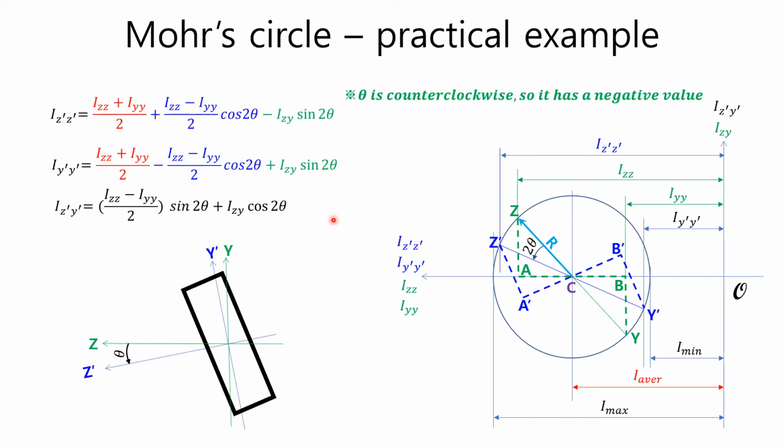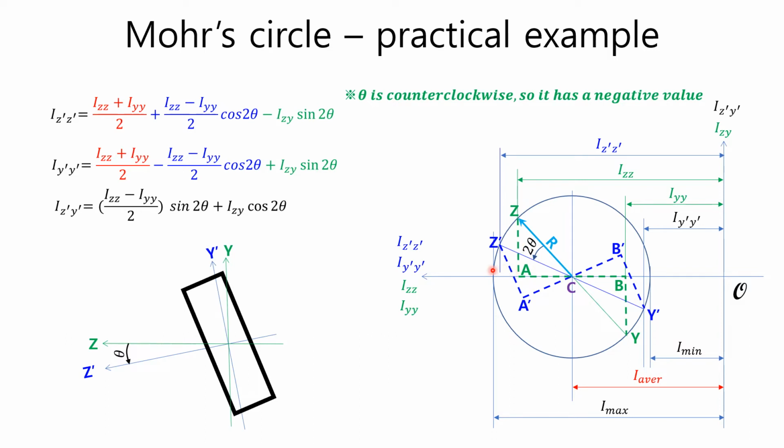Let's understand this with an example of a real cross-section. The rectangular cross-section on the lower left figure shows the real example of a Mohr circle on the right figure. As the positive z-axis rotates counterclockwise and moves to the z-prime axis, the product moment of area decreases and the second moment of area increases.